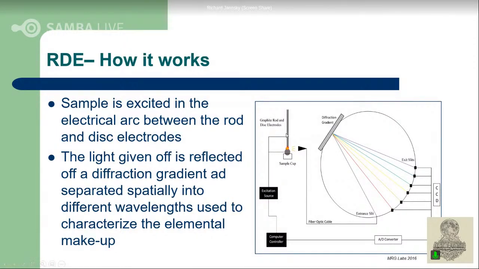This causes the sample to emit light. That light is read by the fiber optical cable, and then it's brought into a diffraction grating, and that breaks apart the light or separates it into different wavelengths. And then the different wavelengths of light are used to characterize the element that is emitting that light. And based off the quantification of that, you get the quantification of the element in that run.